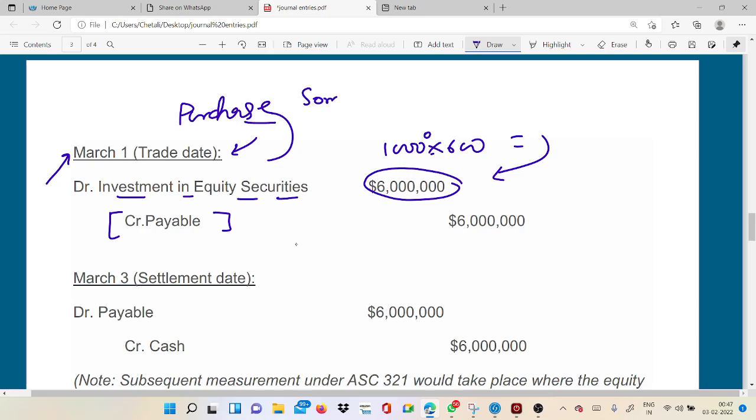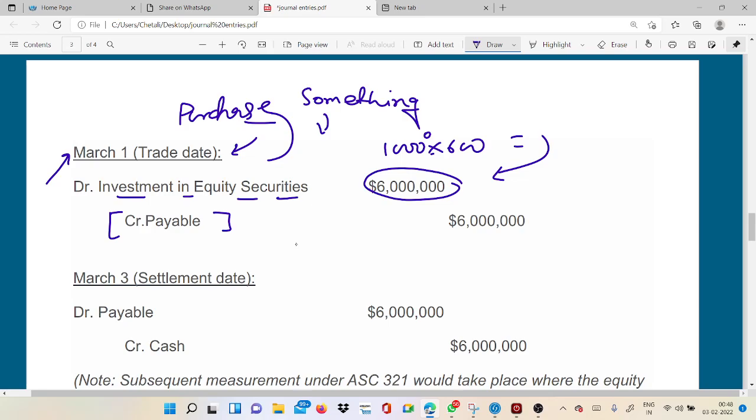And here, if we follow the trade date rule, the accounting entry is processed as when we purchase something on credit. When you purchase something on credit, it's like a bill payable.